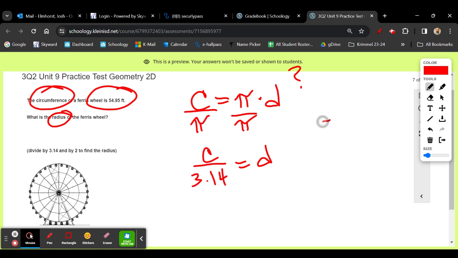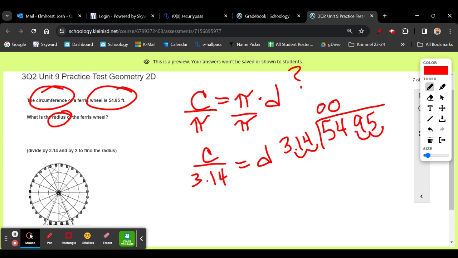So the given circumference, 54.95 divided by 3.14. Move your decimal over to make a whole number. 314 does not divide into 54. It divides in here one time.